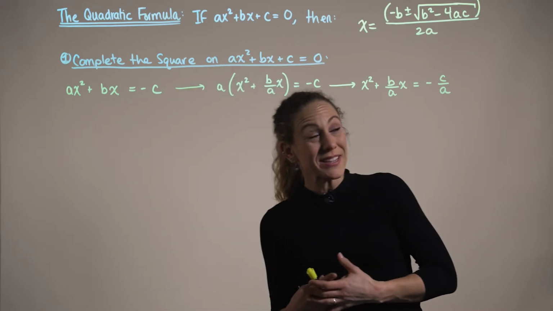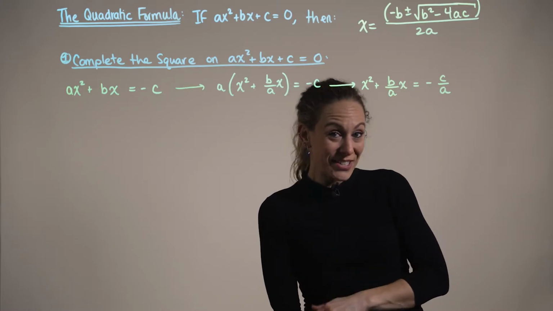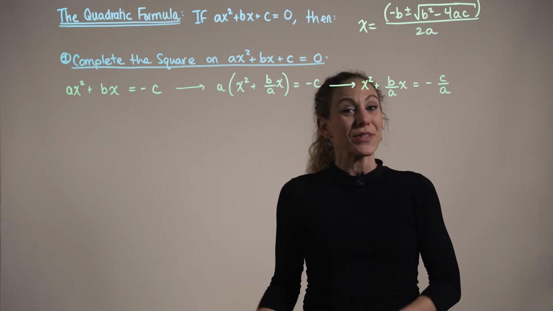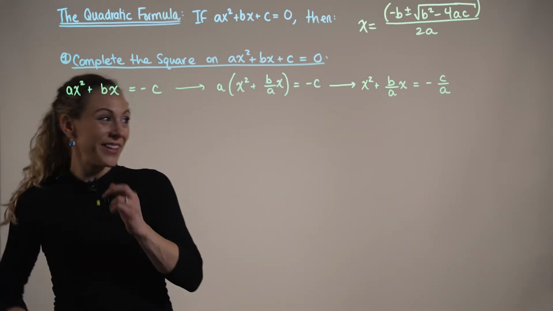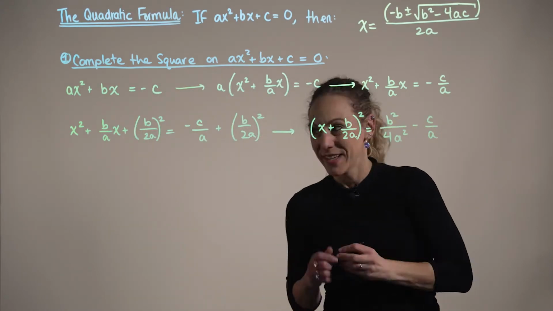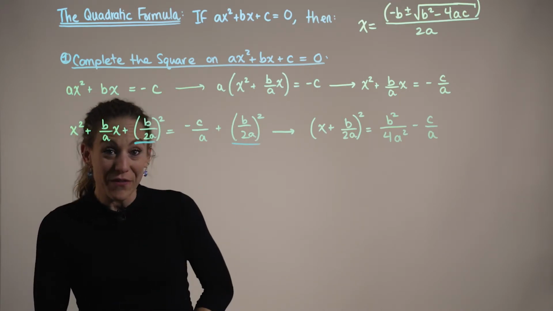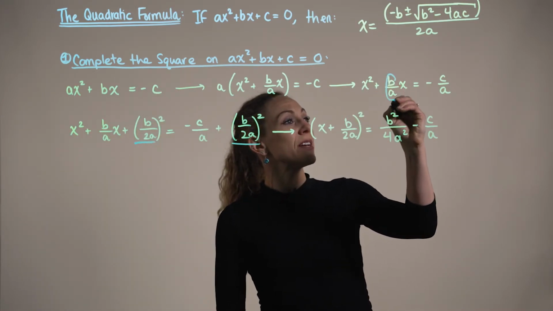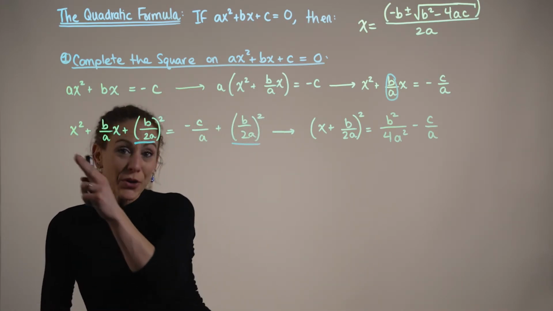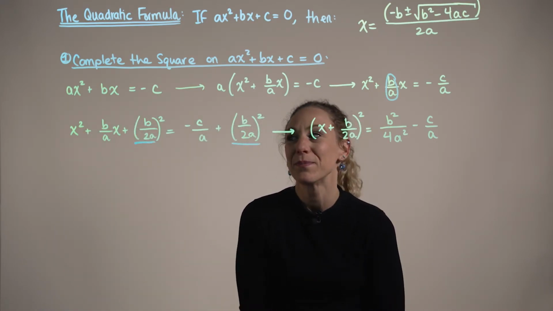And recall, to complete the square, we're going to need to take half of the coefficient attached to the variable of degree 1 and square that, and then add this to both sides of the equation. So after we add this to both sides, we have obtained that perfect square trinomial, which we then factor to the square of the binomial.